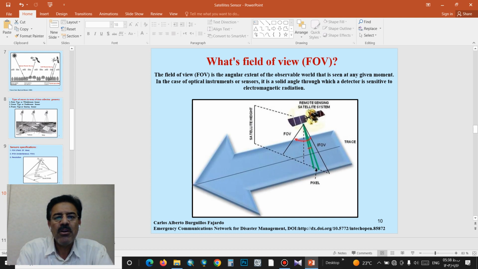In the case of an optical instrument or sensor, it is a solid angle through which a detector is sensitive to electromagnetic radiation. In the slide, we can see FOV and IFOV. FOV determines the swath width of the satellite track.